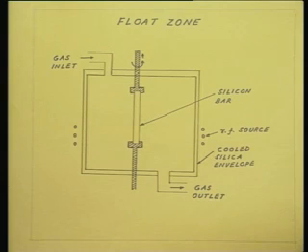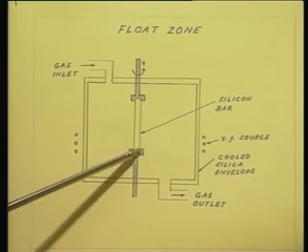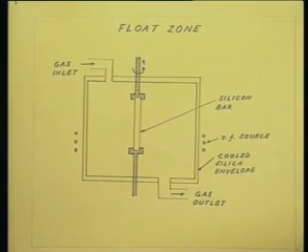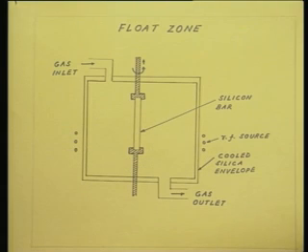This silicon bar is held in a chuck, and at one end of this silicon bar a small seed crystal is provided, which I have not shown in the figure, but you can assume that at this end a small seed crystal is fixed. And the heating is provided by the RF source, which is movable. Okay.